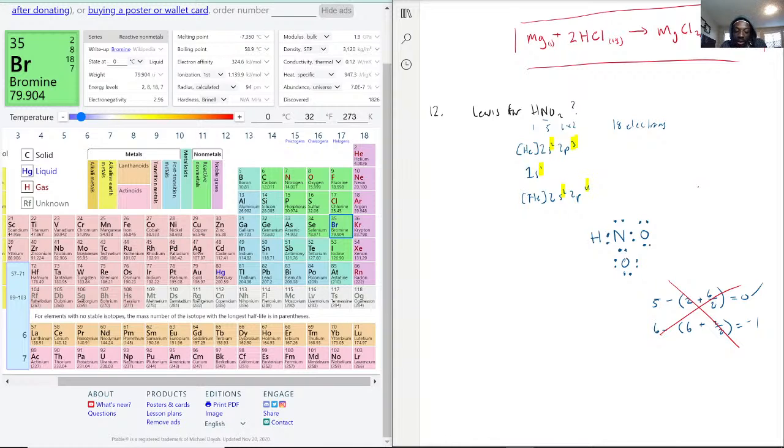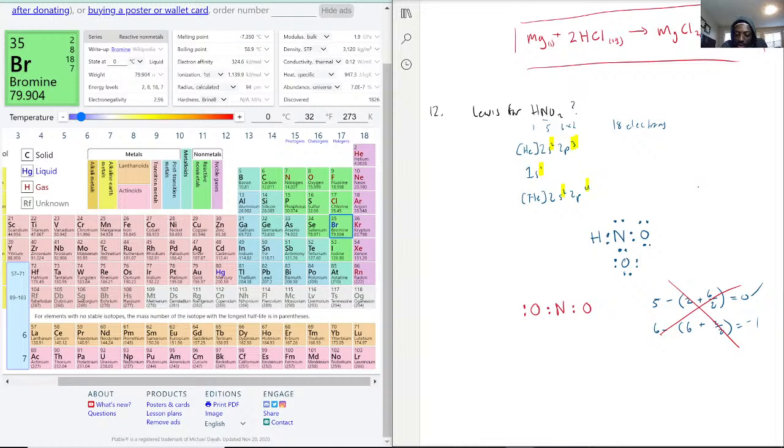Unfortunately, it does not look like we can move the bonds around. So let's try putting the oxygen in the middle and see how we can work with that. So we have oxygen attached with a nitrogen, attached with an oxygen. Let's start with that to see what we can do.